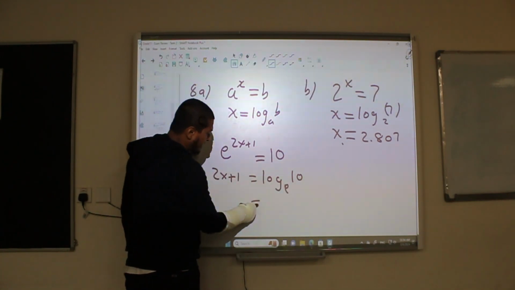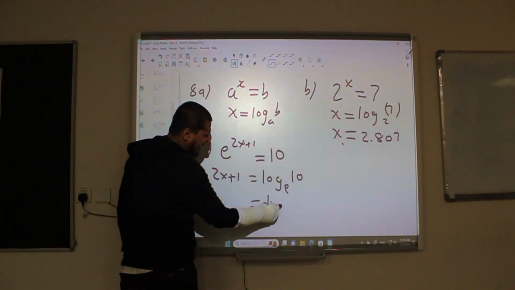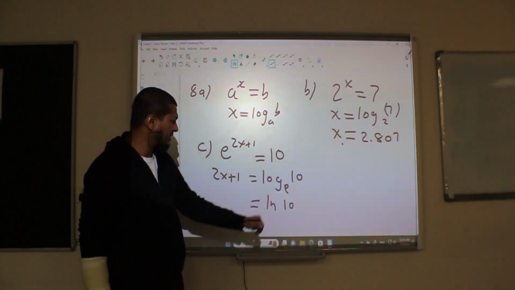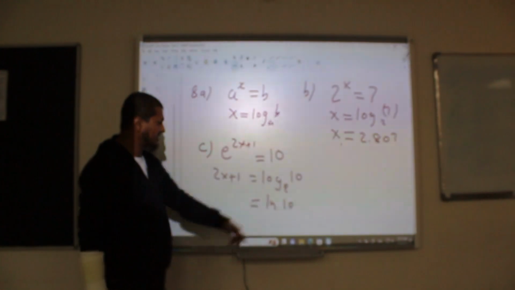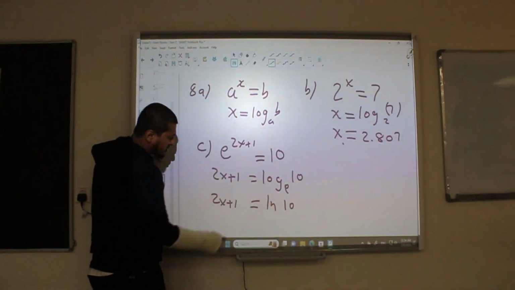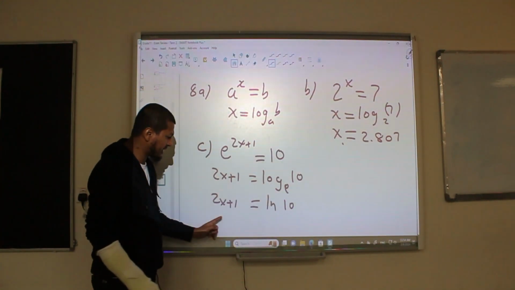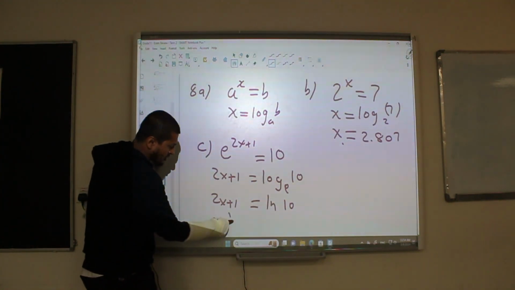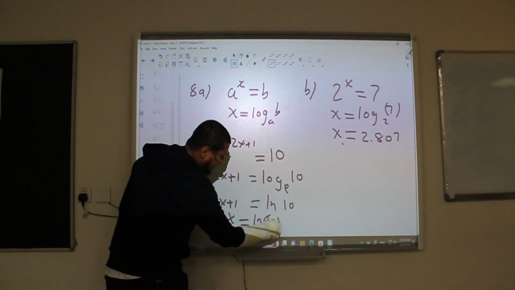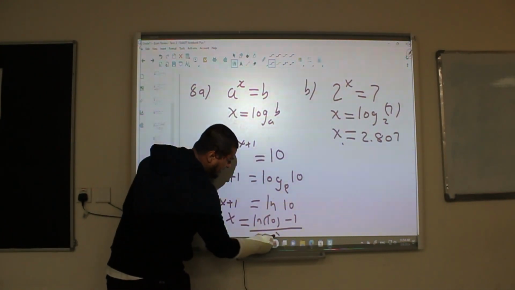But we know log 10 base e is basically ln 10, because log x base e is ln x. Now remember how we're going to solve this equation. We're going to minus the 1 and then divide it by 2. So x equals ln 10 minus 1 and then divided by 2.